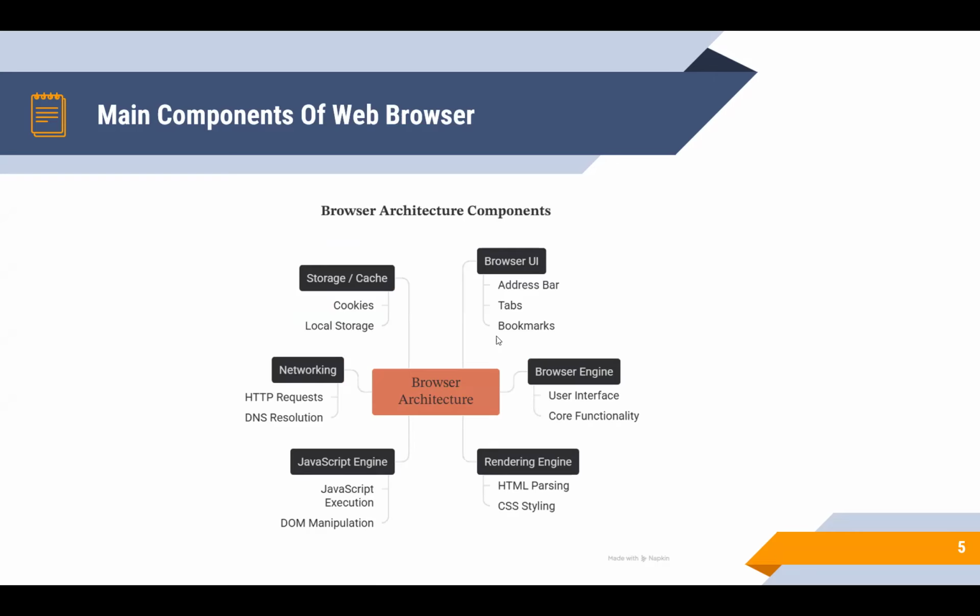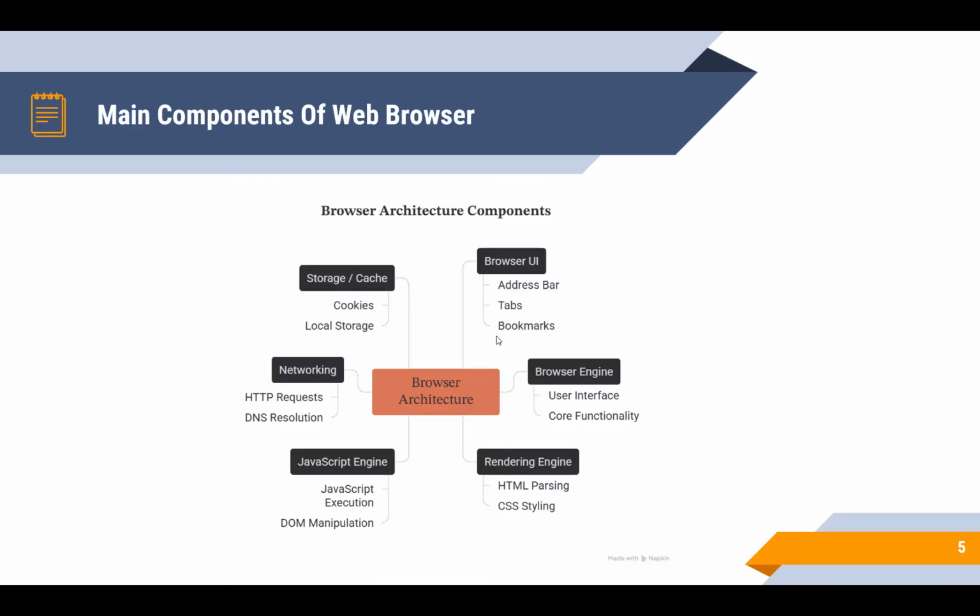What is the use of the browser engine? The browser engine is basically responsible for getting the request, and it is responsible for what we will see in our browser.